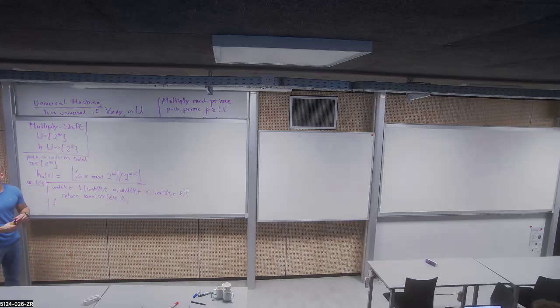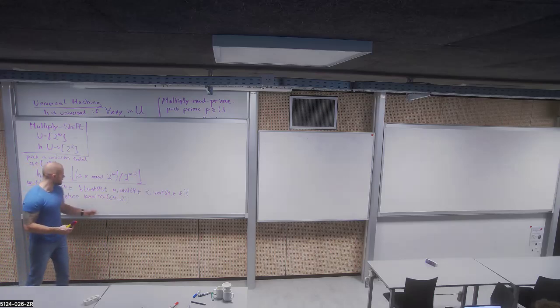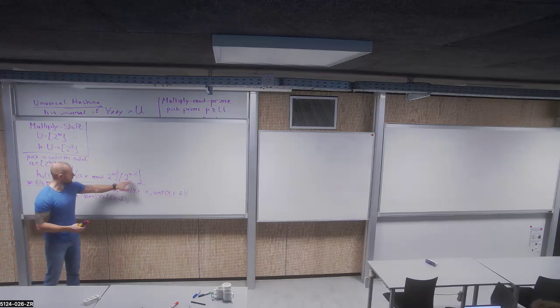You need to manually use these Mersenne primes to handle the modulo. Here, a times x, since they're 64-bit numbers, the overflow automatically takes care of doing modulo 2^64. And then you're just shifting it 64 minus l positions to handle this division by 2^(64-l).